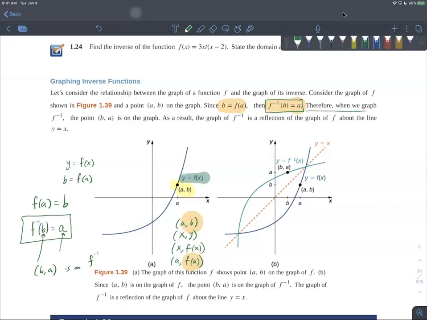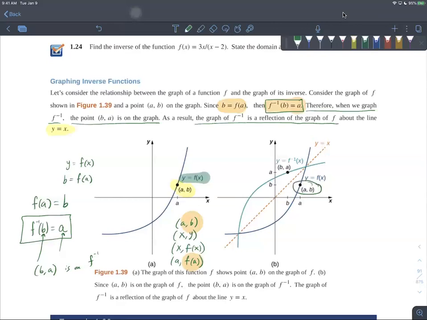So let's continue here. Therefore, when we graph f inverse, the point (b, a) is on the graph. As a result, it turns out f inverse is a reflection of the graph of f about the line y equals x. So there was the point (a, b) right here.